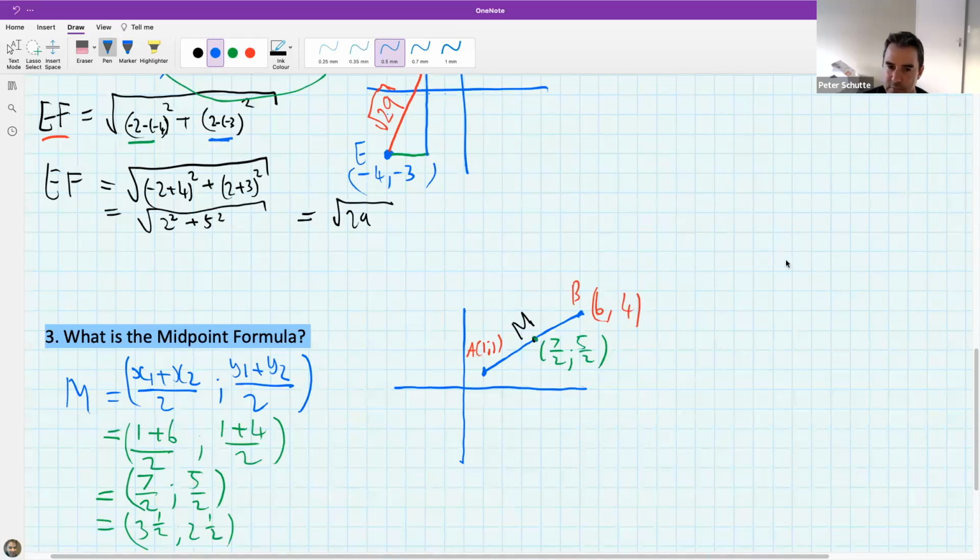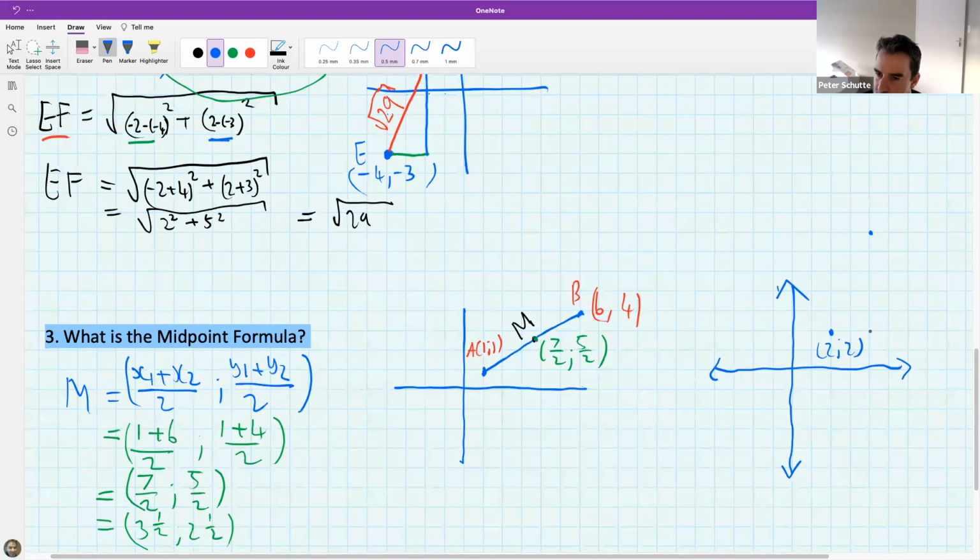Okay, so that's my idea. What I want to do is I want to give you a practice example. So let me give you another one, which is a bit different. Say I give you that point and I give you that point. And this is going to be the point 2, 2.